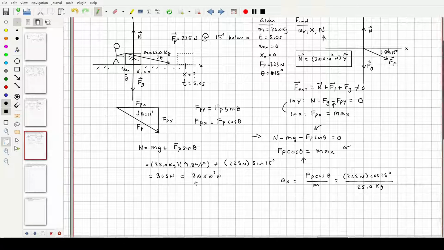Now, if I solve this, this is 225 times cosine of 15 divided by 25. Whoops, math error. Fix this.